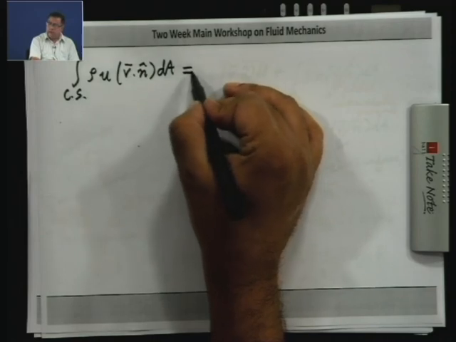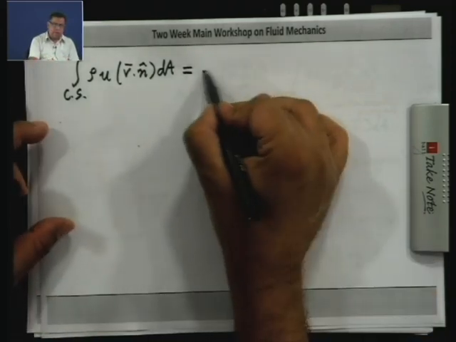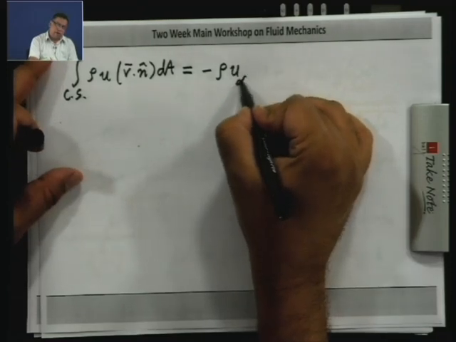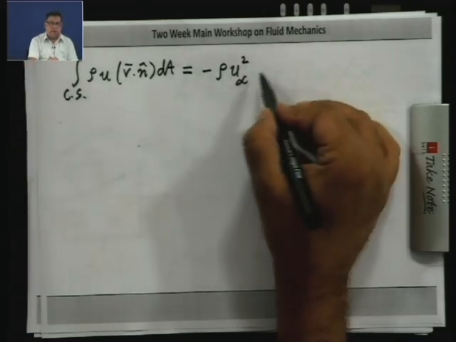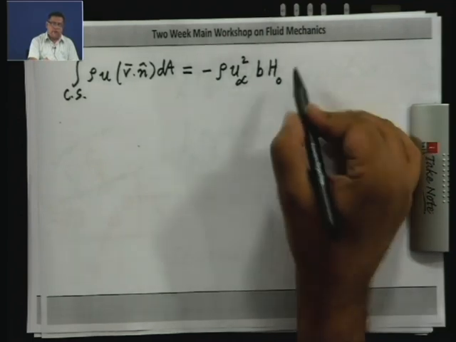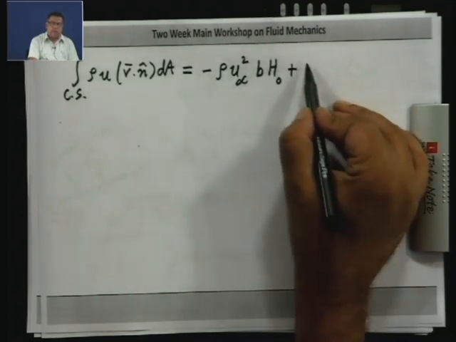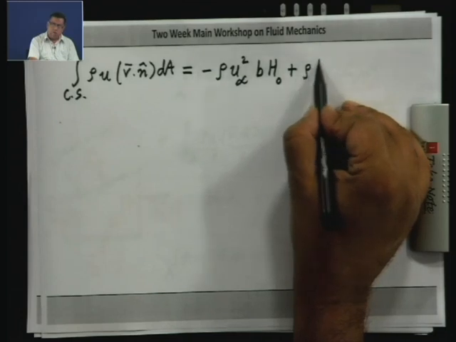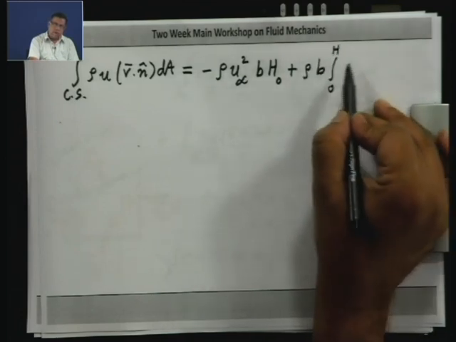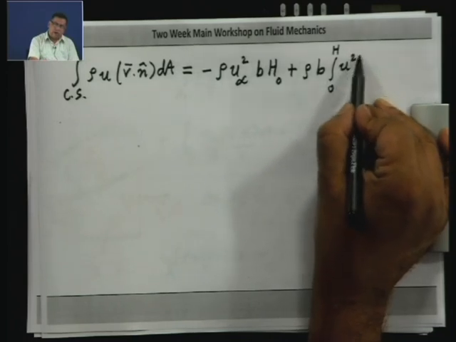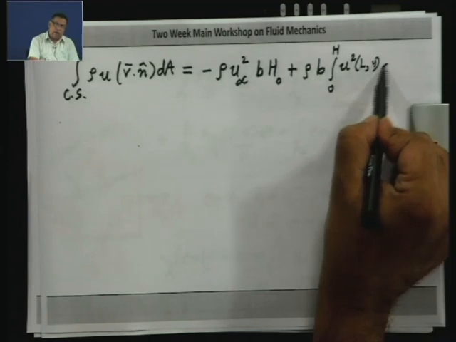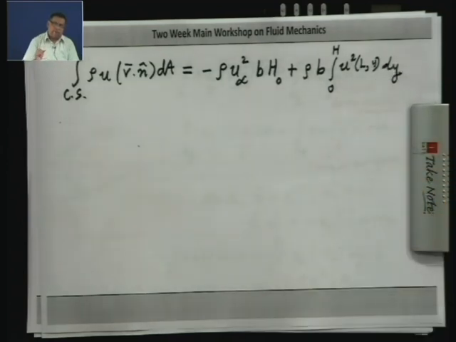This is going to be minus rho u infinity squared into b into h naught plus rho into b into integral 0 to h of u squared at L, y dy.